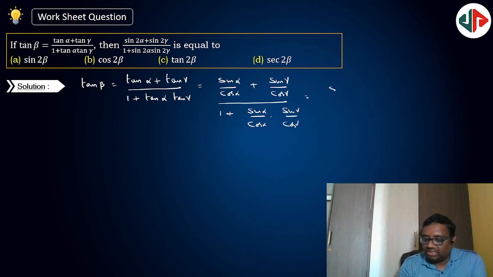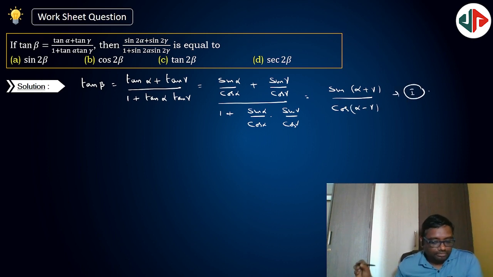If we simplify, it becomes sine of alpha plus gamma by cos of alpha minus gamma. So this is your first condition: tan beta is always equal to sine of alpha plus gamma by cos of alpha minus gamma. Now by using this condition, what is the given question?